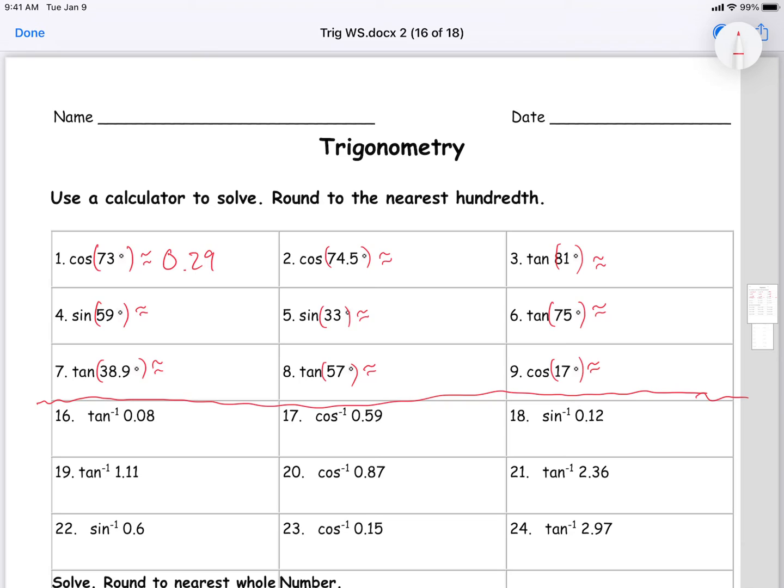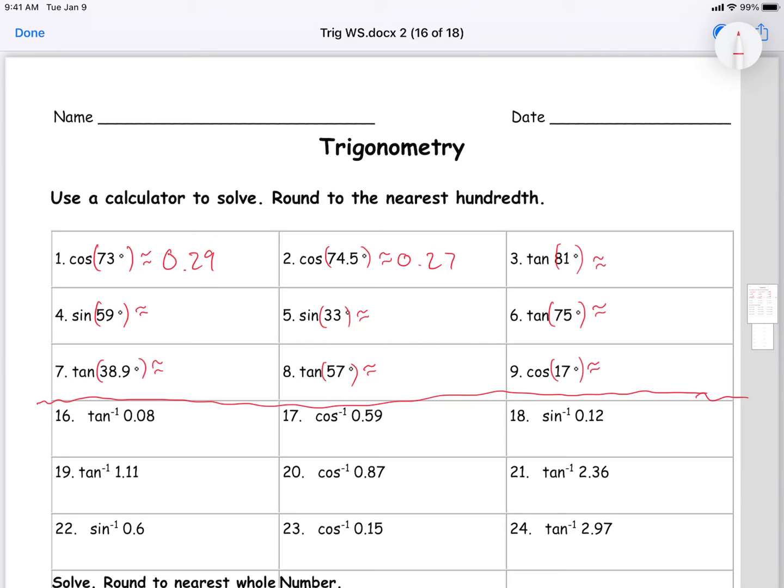All right, what about cosine of 74.5? Come on, guys. What do we got? 0.26. It's more like about 0.27. Okay? Now we're rounding to the nearest hundredth.